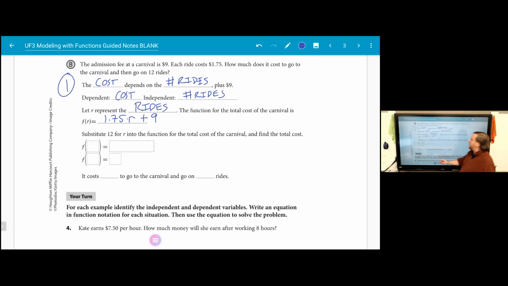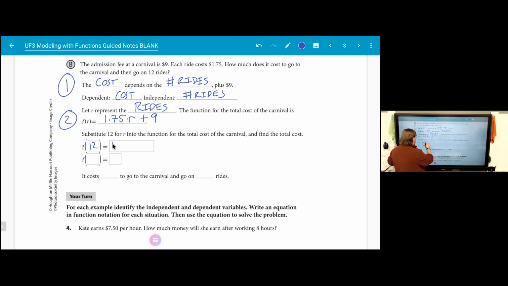Okay, that's our step 2. Our step 3 is to substitute 12 in for r, the value of the function when r is 12, because that's 12 rides. Notice how it's f of 12, the value of the function for 12 rides.